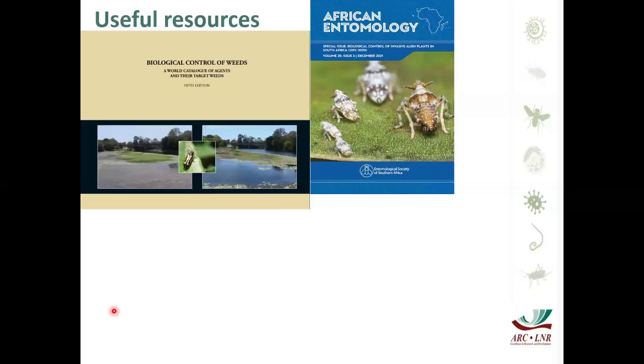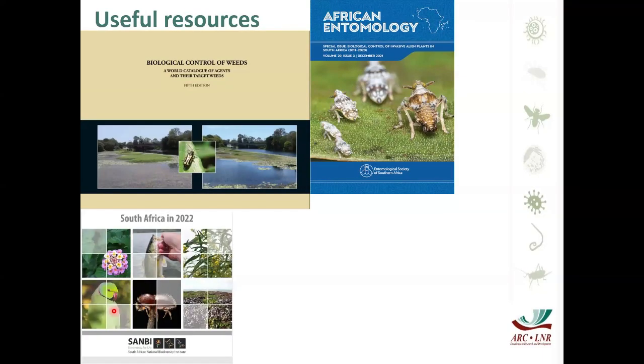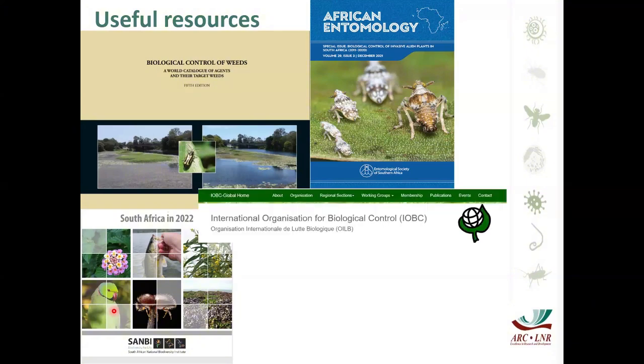There's the local entomological journal, and decadal reviews are published from South Africa every 10 years on biocontrol programs. So there's 3 of those already. And the status of biological invasions in South Africa is a status report that's compiled every few years, and it obviously also incorporates biological control and many other management interventions.